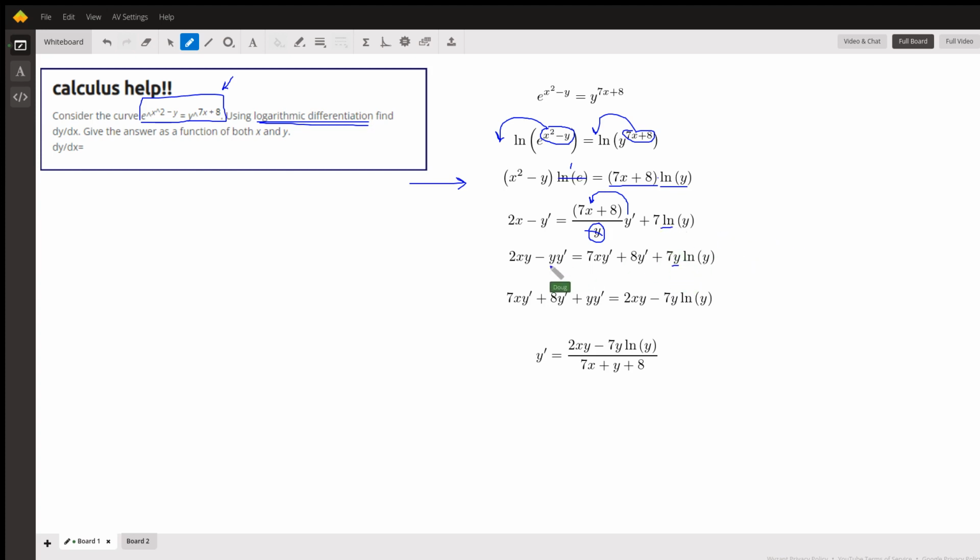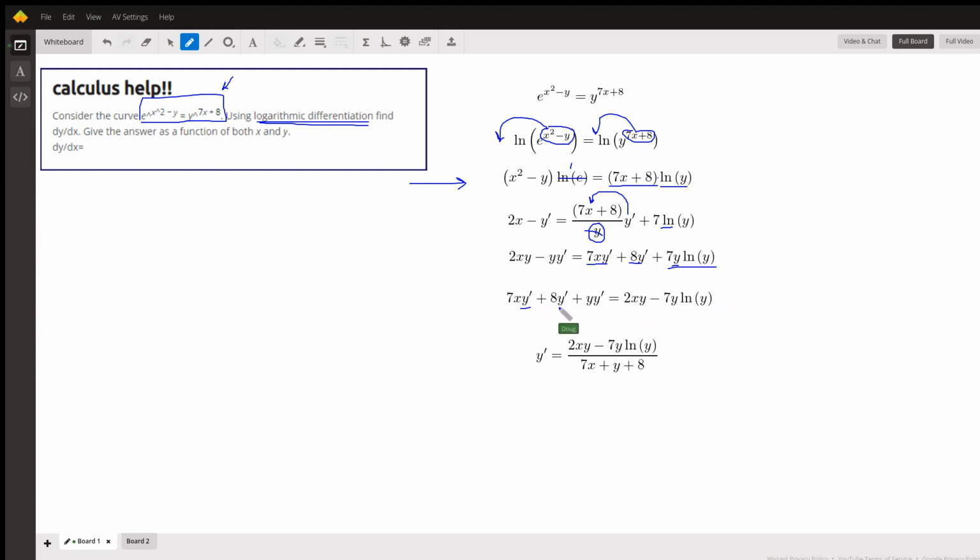Okay, so now the idea is to collect all the terms containing y prime on one side of the equal sign. So these two are already on the right side. Picture transposing the negative y y prime over here by adding it and then transposing the 7y ln of y to the left side, and you get 2xy minus 7y ln of y.